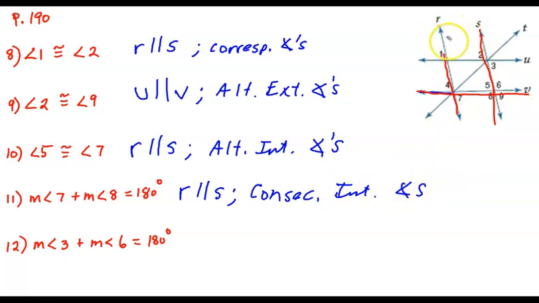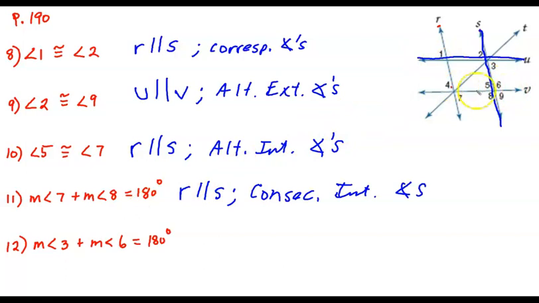All right, number 12. Given that 3 and 6 are supplementary, 3 and 6, so here's our transversal that 3 and 6 are on. And here's the two lines that it looks like are parallel.